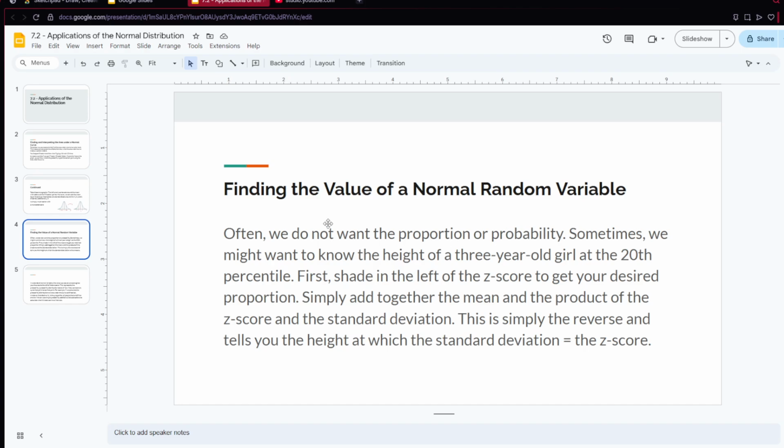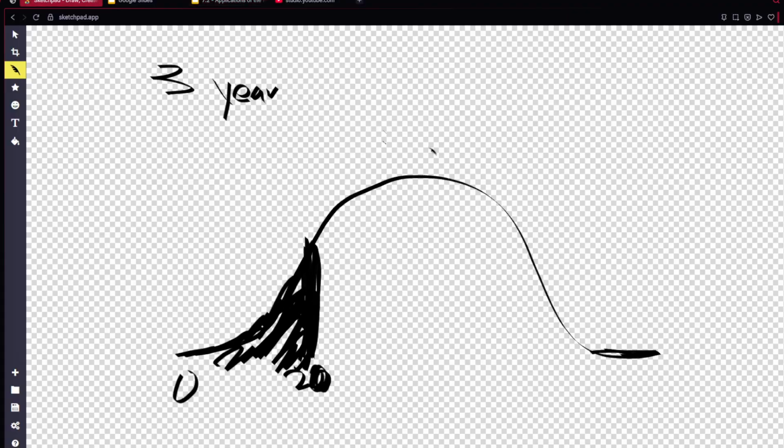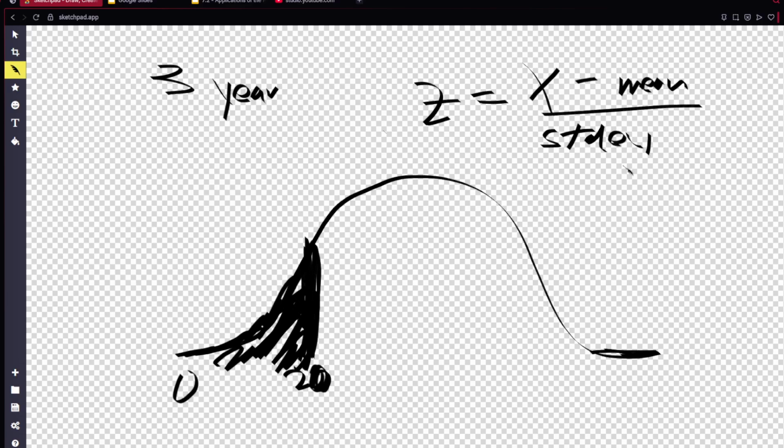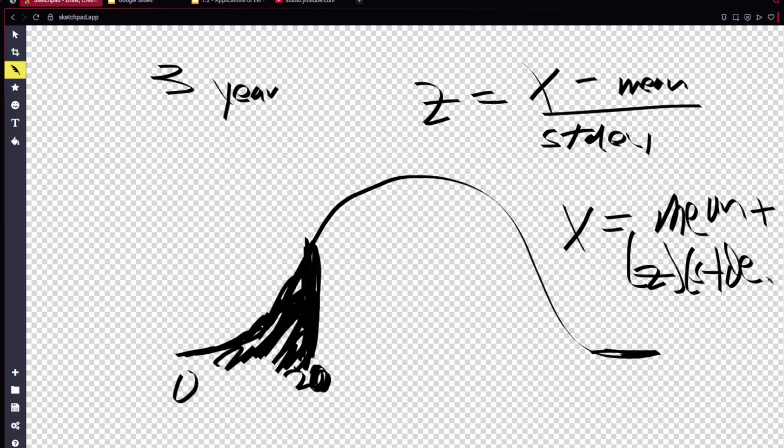First shade in the left of the z-score to get your desired proportion. Simply add together the mean and the product of the z-score and the standard deviation. So remember the z-score formula was random variable minus mean divided by standard deviation. That's the same as the random variable equal to the mean plus z-score times standard deviation, which is pretty interesting there actually.